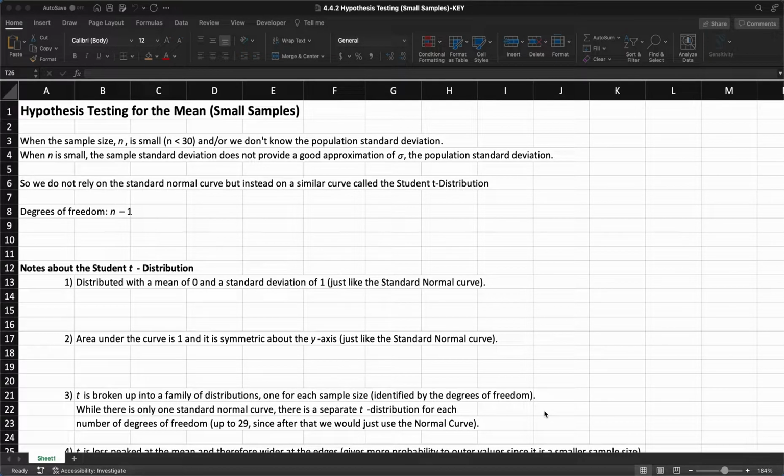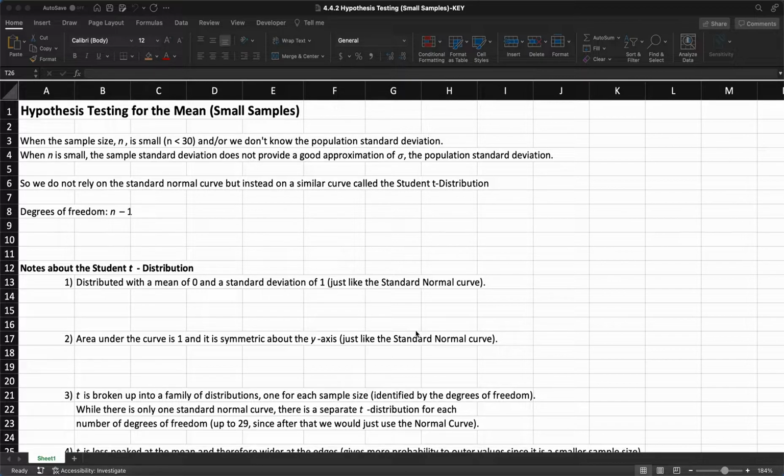Everyone. In this video, we are going to do some more hypothesis testing, and we're going to do hypothesis testing for the mean. We've been dealing exclusively with large samples. Most of the time we did not know the population standard deviation, but we were able to use the sample standard deviation to approximate the population standard deviation, and that works well for large samples.